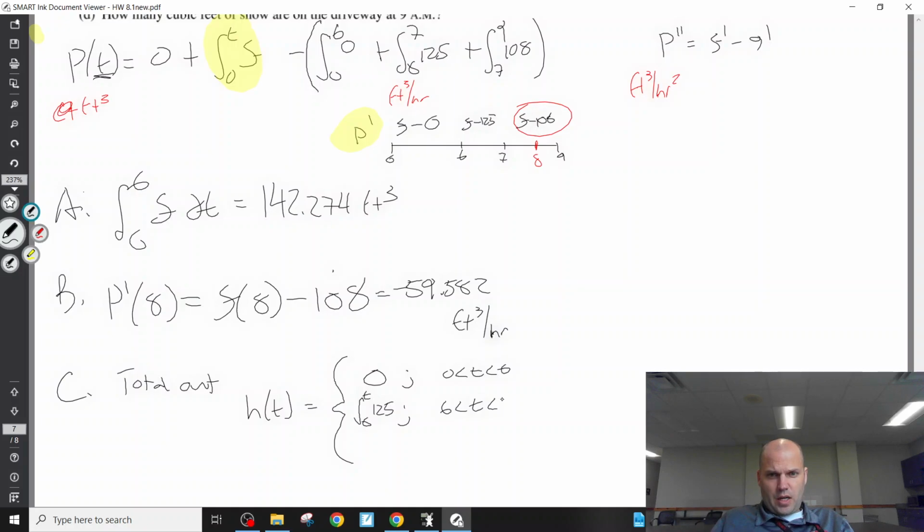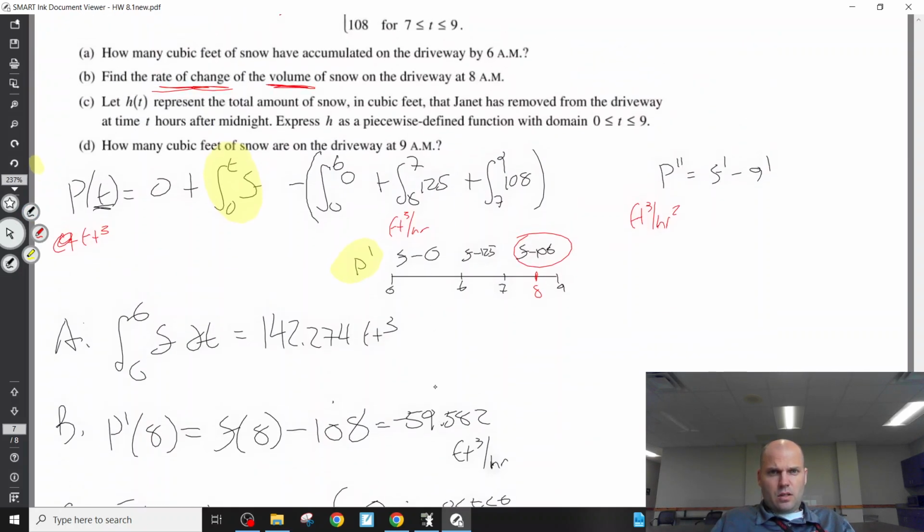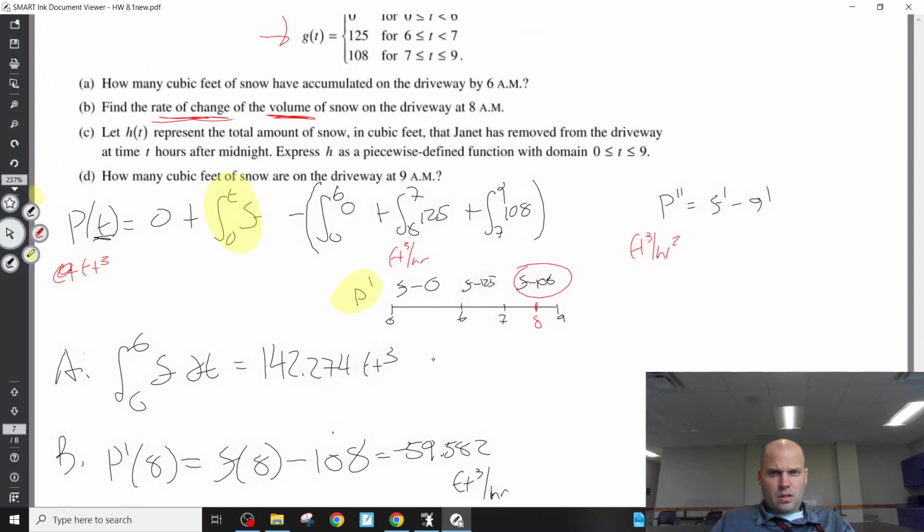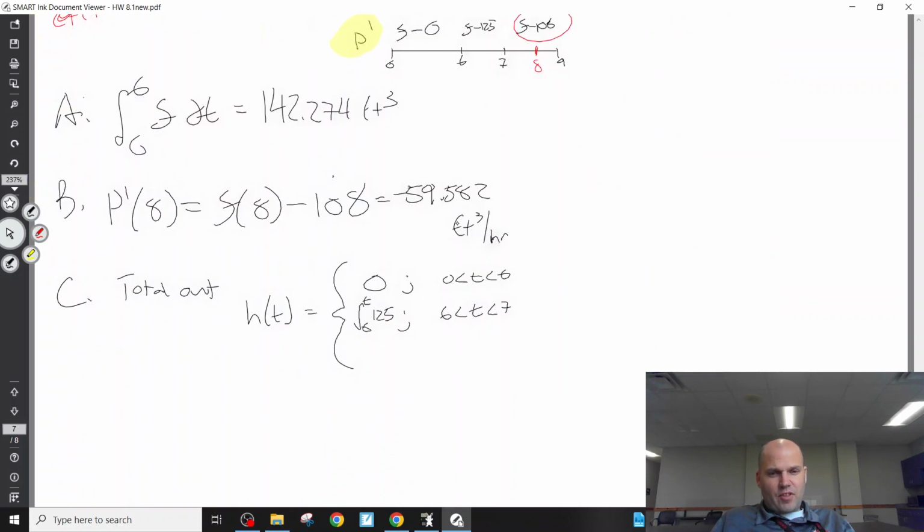This is when she had her cup of coffee and she's crushing. Then from 7 to 9, it's a little tricky. From 7 to 9, she's already gotten this much snow out, and then she's going to get this much snow out from that time. I can see how this is tricky, and this would be one way.